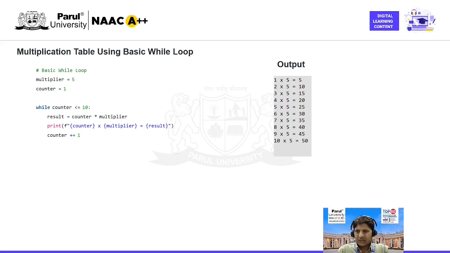Counter means how many counts in the table. Counter is less than or equal to 10, so it starts from 1 and goes up to 10. Result equals counter into multiplier. You can see 1, 2, 3, 4, 5, 6, 7, 8, 9, 10, and the multiplier will be the same.